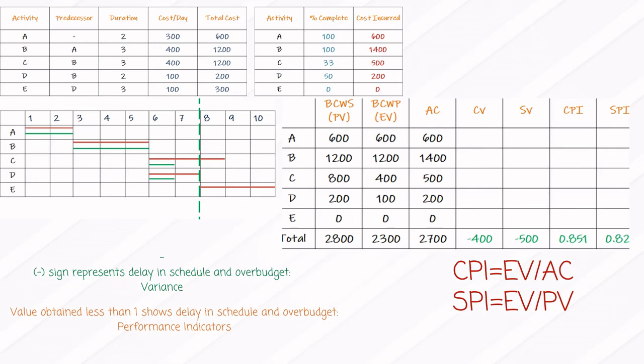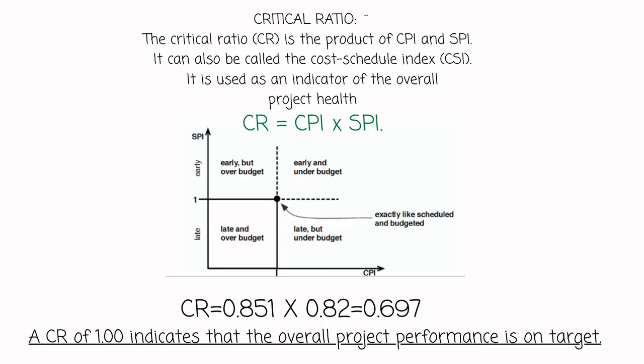In terms of the performance indicators, any value that is less than 1 indicates an over budget scenario or a delayed scenario. So in this manner we can derive whether a project is on time or not, it is within the schedule or not.